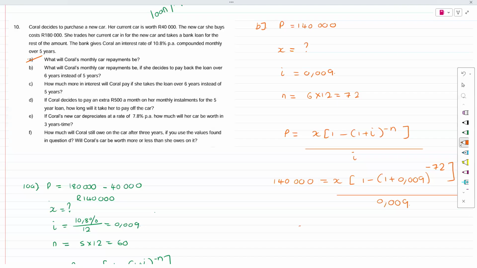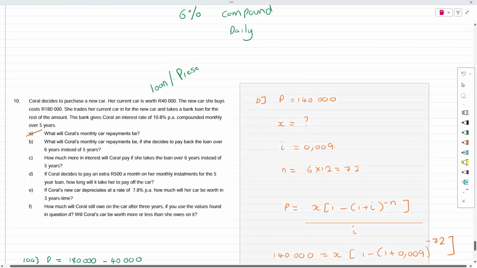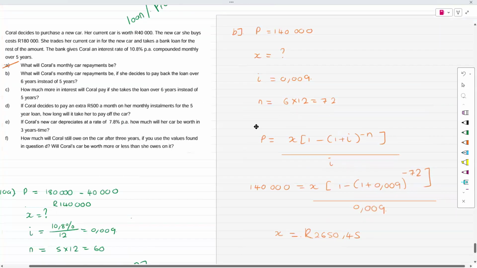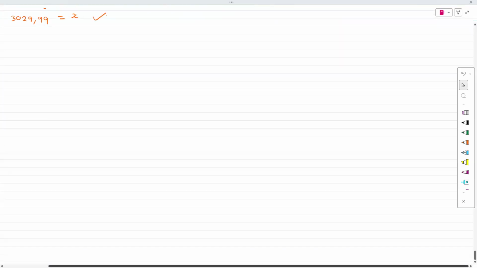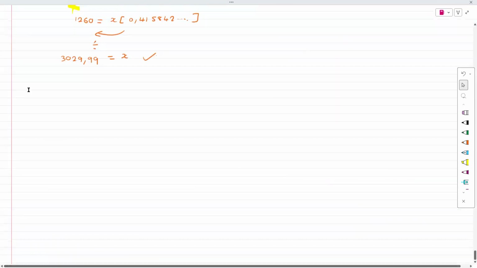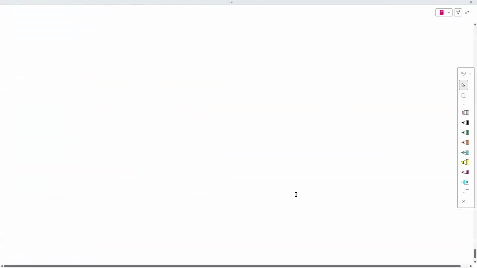Okay. Now X is equal to, after solving this, 2,650 Rand and 45. So this is what she'll be paying if she takes it over 6 years. Quite reasonable. I did skip the algebra because question A and question B are exactly the same. Let's put that down here, and that should be done.